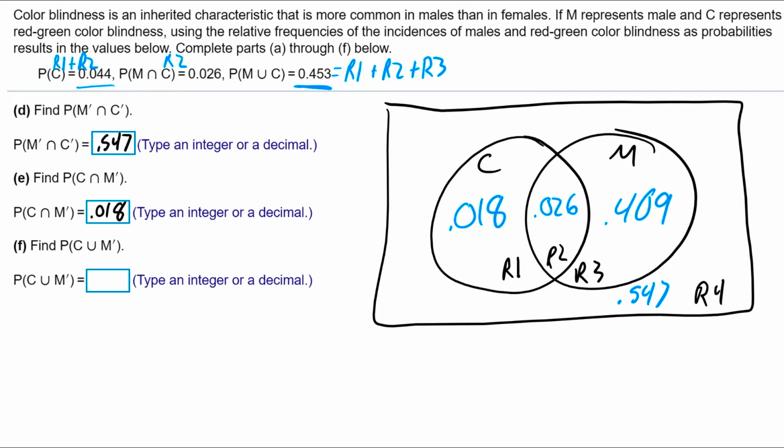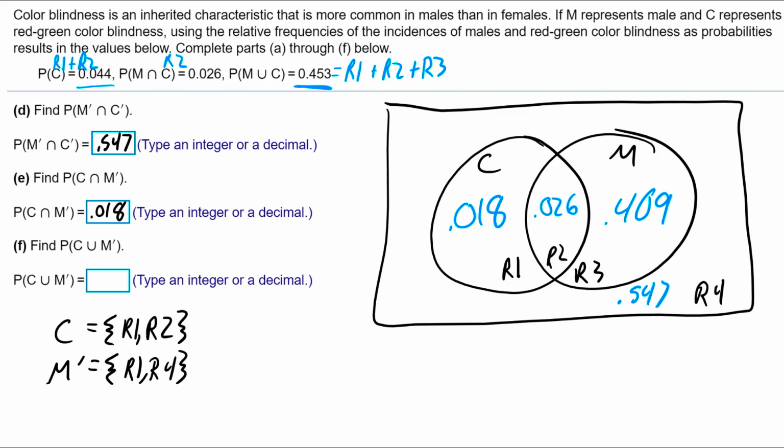All right, then the last one. Unions. So unions with complements. I've mentioned these a couple times already. Unions and complements are tricky. So let's write these out. So C is region 1 and region 2. M complement is region 1 and region 4.